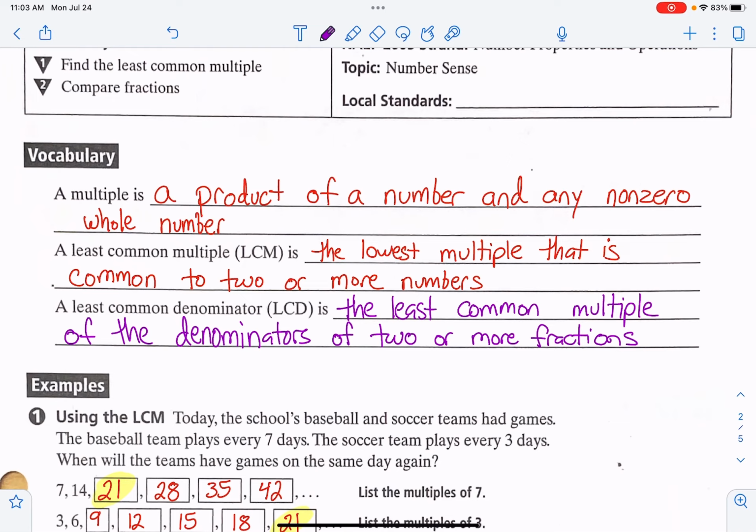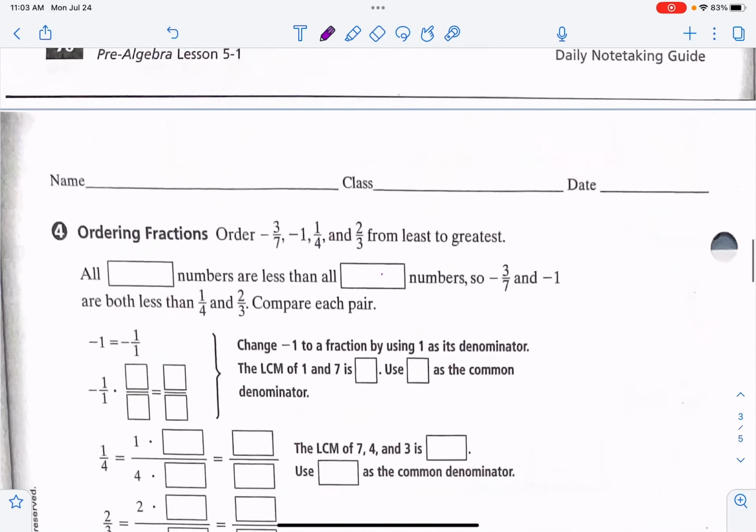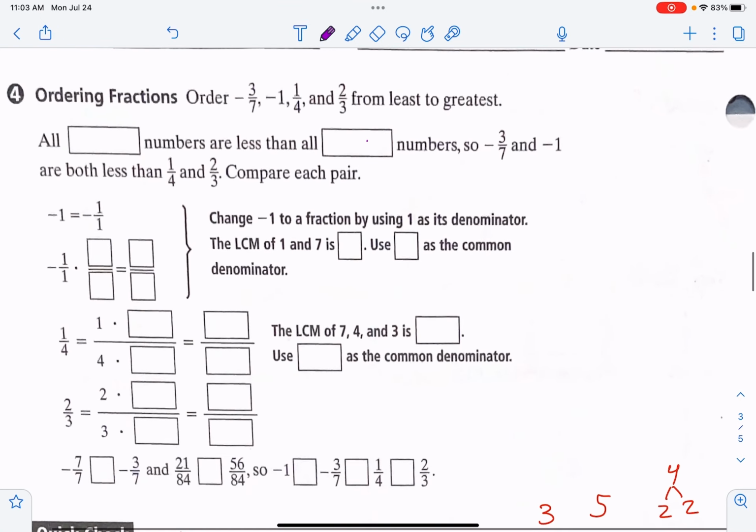Okay, since we are building off of a previous time doing these notes, now we're going to flip to the back page, and we're going to look at these. It says order -3/7, -1, 1/4, and 2/3 from least to greatest. First thing we know is that all negative numbers are less than all positive numbers, right?